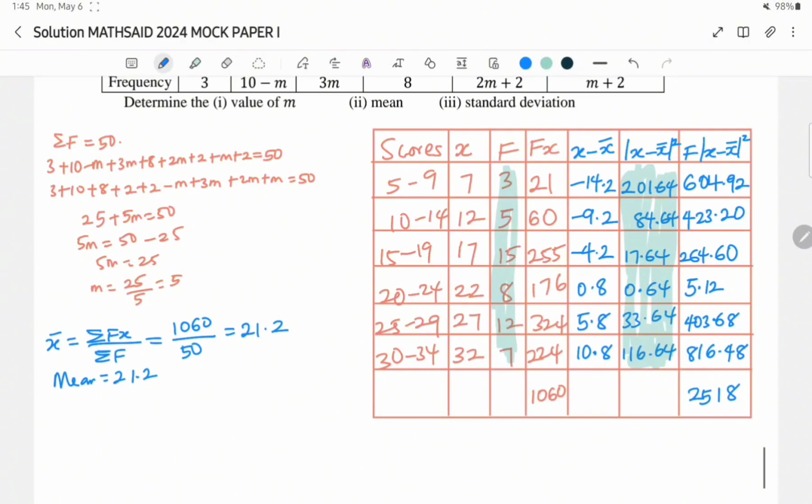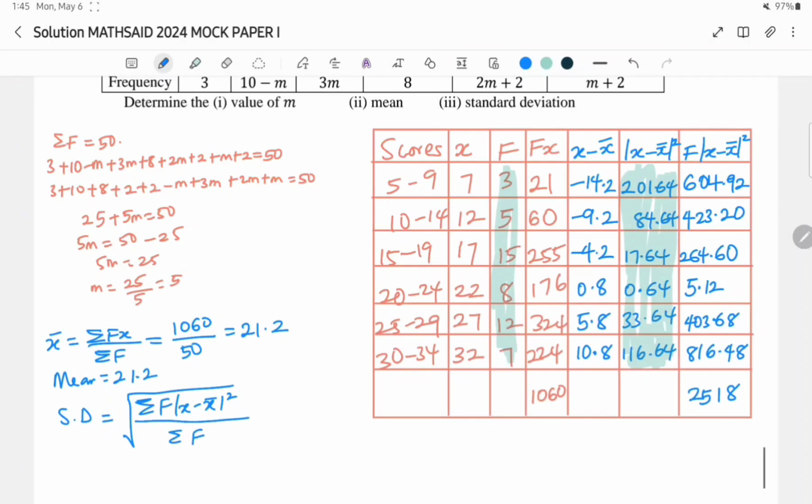And now let's come back to the formula for standard deviation. We have different formulas for calculating standard deviation, but the one that is appropriate for the data given to us is the square root of summation f multiplied by this, divided by summation f.